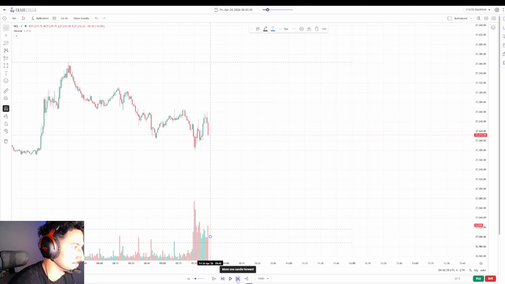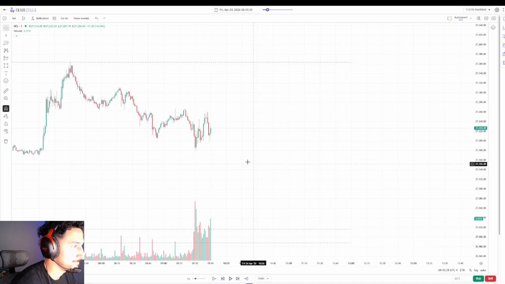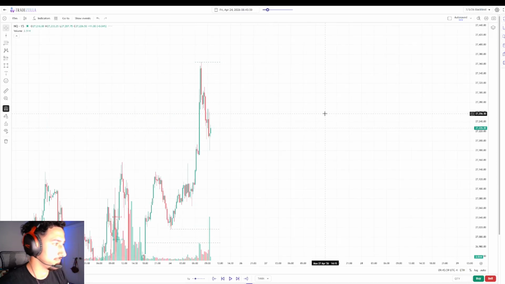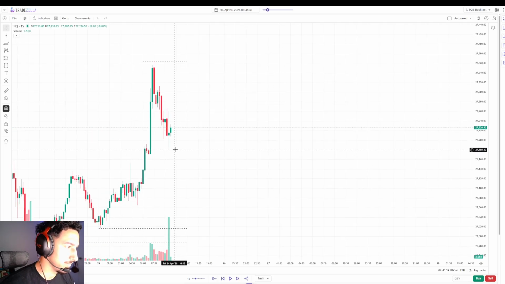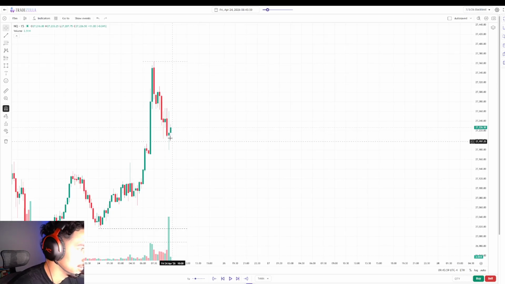Okay, 15. We have tapped this order block right here, rejected off, trading higher. We've already came into that 15-minute wick here, trading higher.